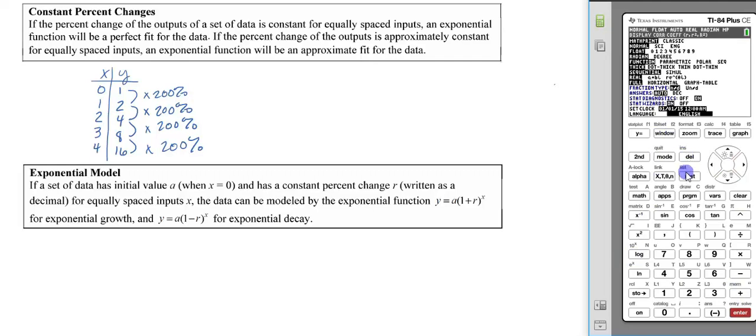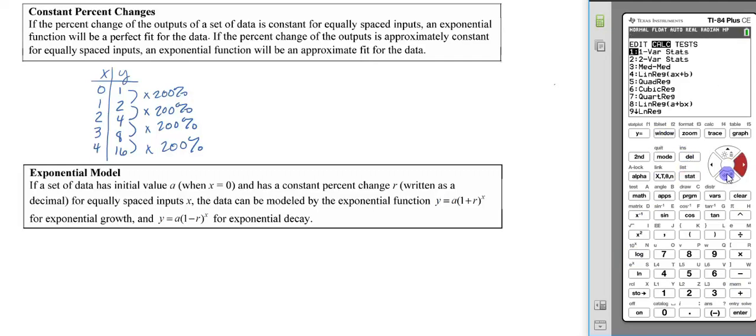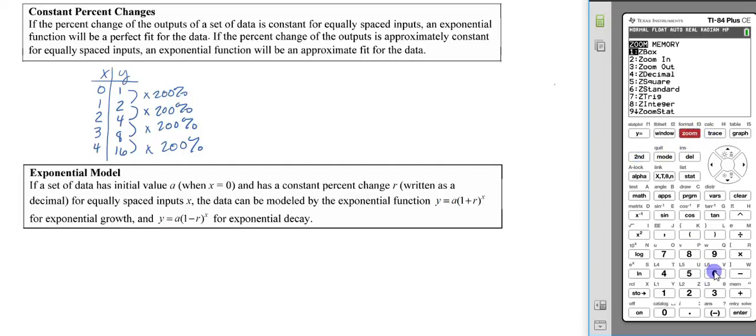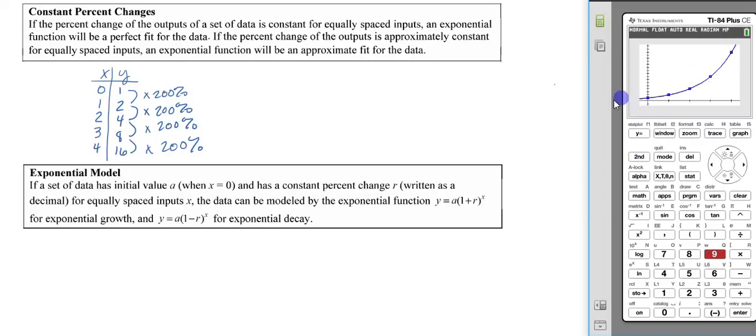There we go, and then we can take the stat and calculate an exponential regression, and you'll see we can go ahead and store that equation, but the correlation coefficient and the coefficient of determination are both 1. This is perfect. It's a perfect exponential fit. So if I do a zoom stat, you can see those are going right through the data points.